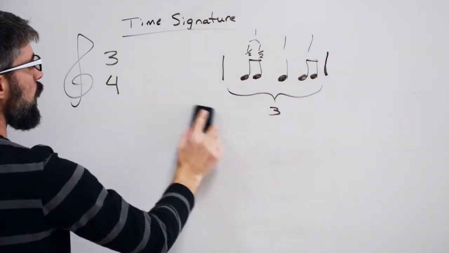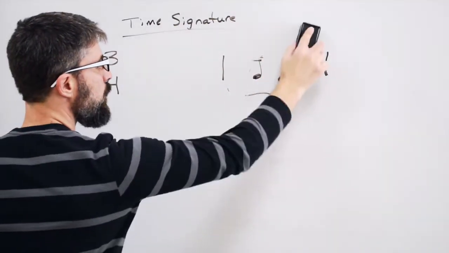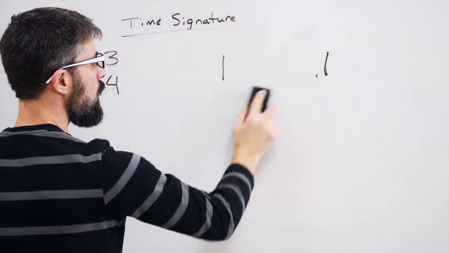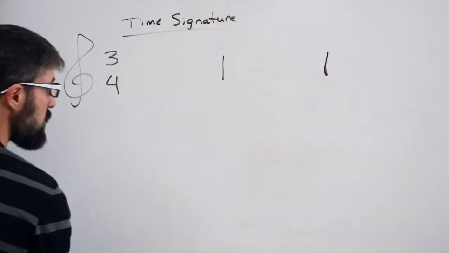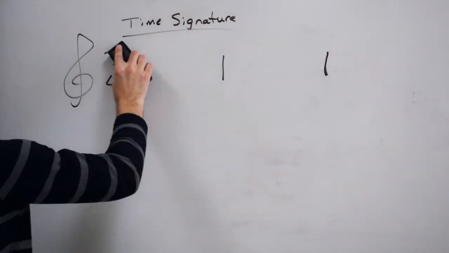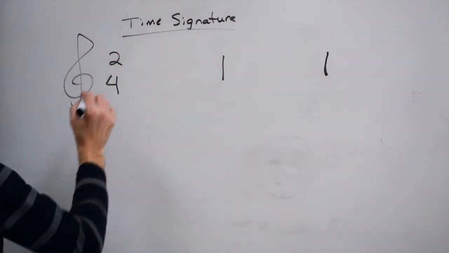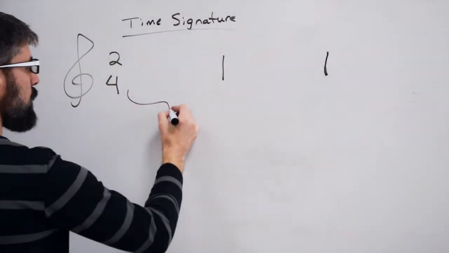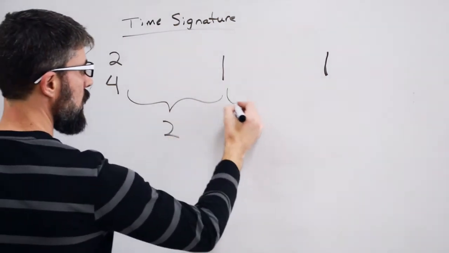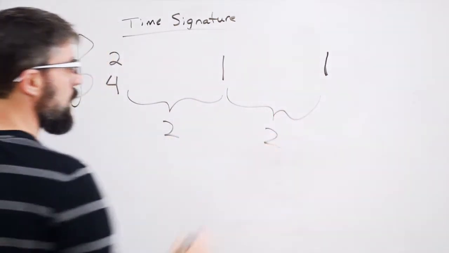Let's look at something different here. Let's look at 2/4, because that's a fairly common time signature for beginners. I'm going to put a 2 here now, right? Because my top number is telling me how many beats I get in a measure. So now I'm getting 2 beats in each measure.